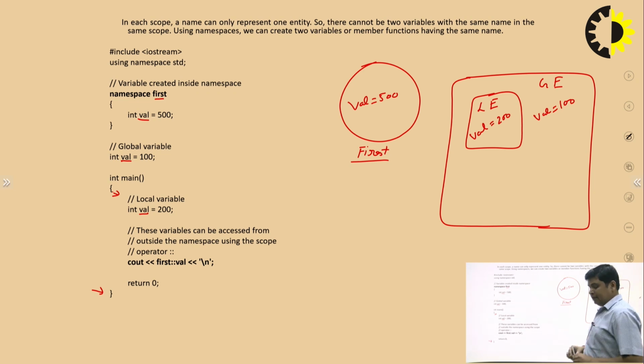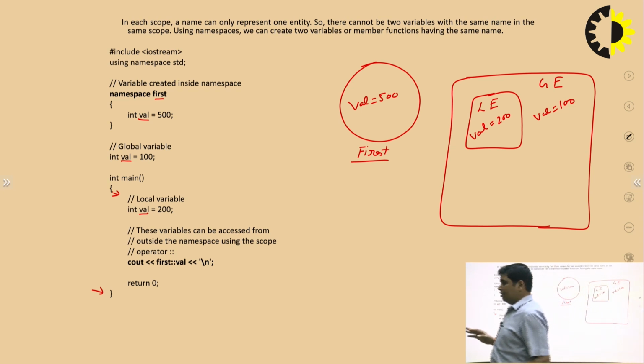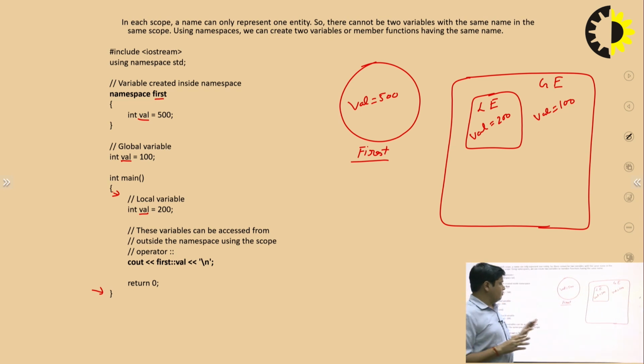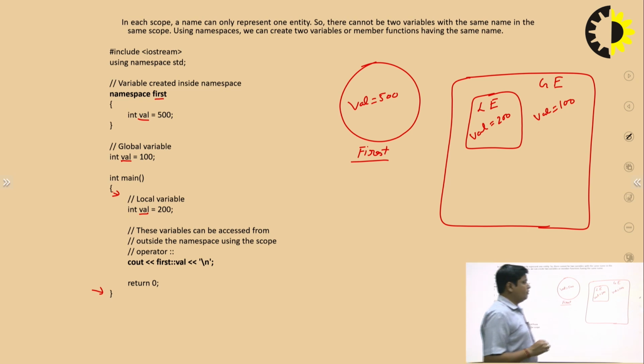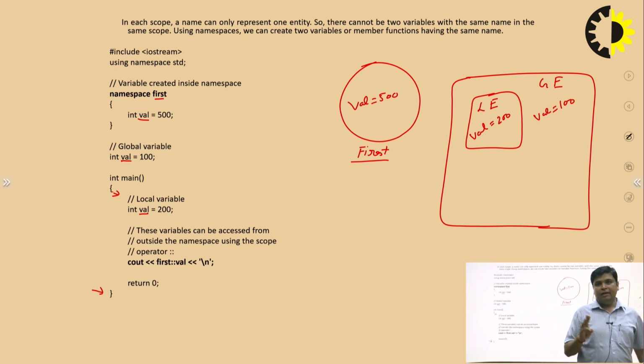Let us understand carefully. In this piece of code, I have 3 variables. The name of the variable is val. The first val will be created in a separate region.